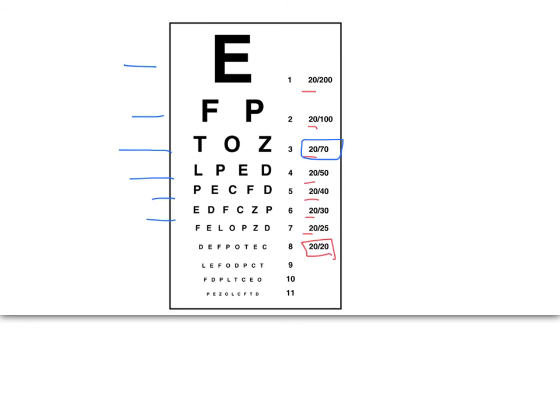Okay, same thing with, let's say, 20/30. If someone has 20/30 vision, they're standing at 20 feet, and that's the last line that they can read. But somebody with normal vision could back up to 30 feet away and still see that same line. All right, so what do you think is hyperopia? What do you think is going to be myopia?